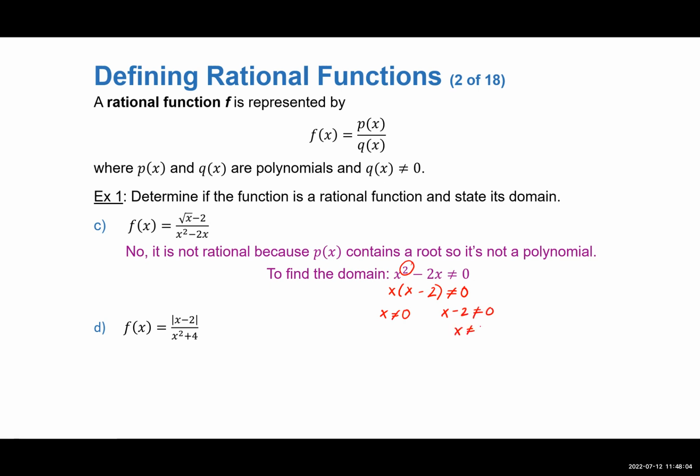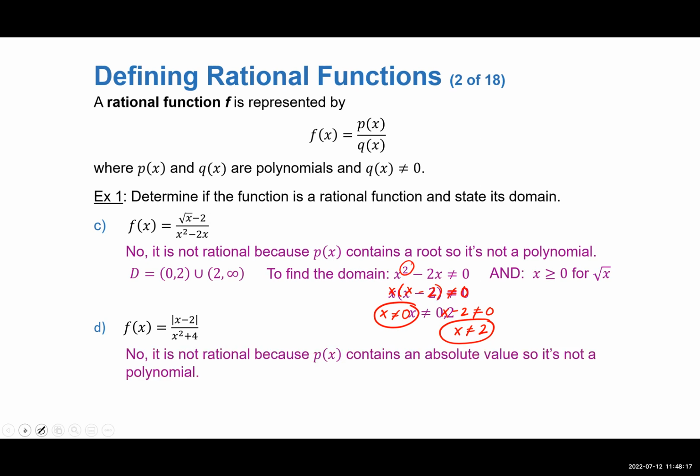So that means x cannot equal 2 and x cannot equal 0. So if we were to write the domain, it'd be x is such that x is not equal to 0 and x is not equal to 2. Oh yeah, and x has to be greater than or equal to 0 for that square root symbol.